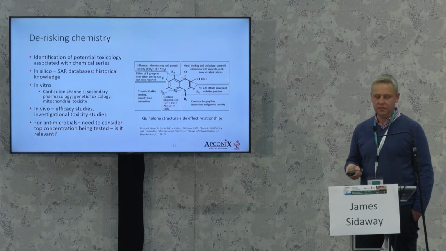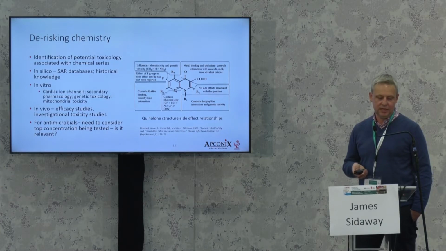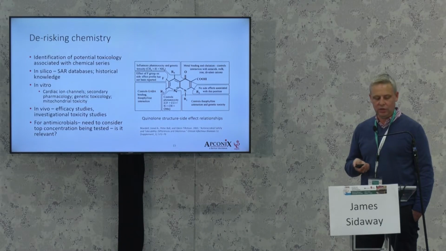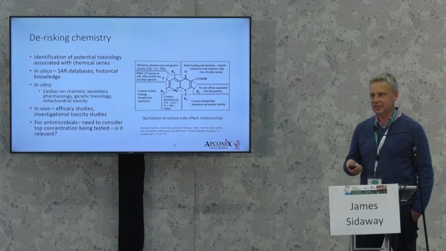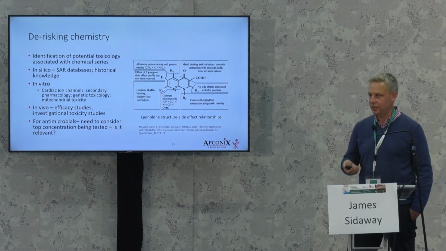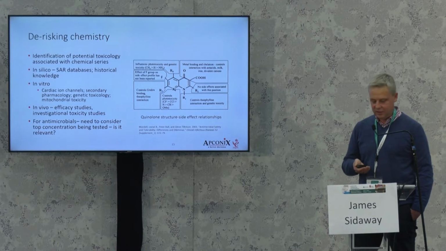So in the first instance, this could be efficacy studies in which you could add on some toxicity endpoints, then proceeds to the dose range finding toxicity studies and investigative toxicity studies, where you'll be pushing to higher doses and maybe doing a deeper analysis. And again, it comes back to what concentration should be attested for antimicrobials. I guess they tend to be quite high concentrations, exposures, doses. So this has to be done at a relevant dose in these models.